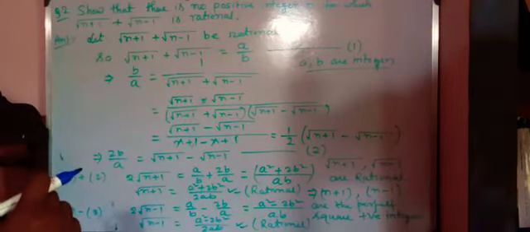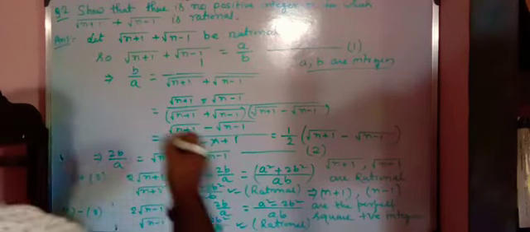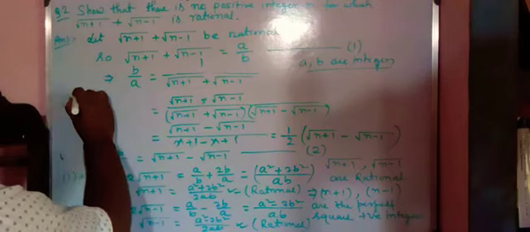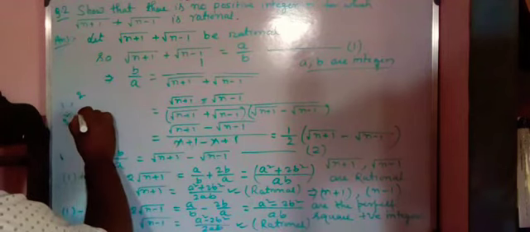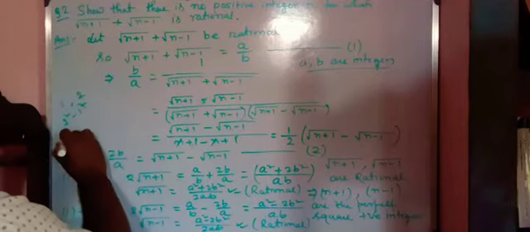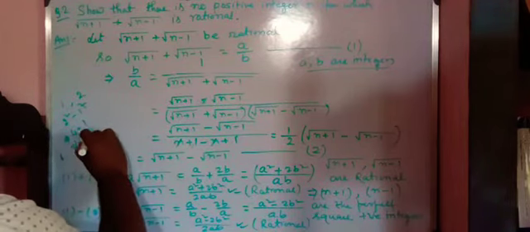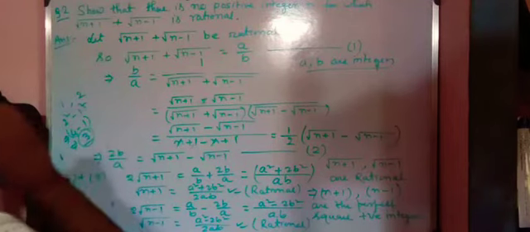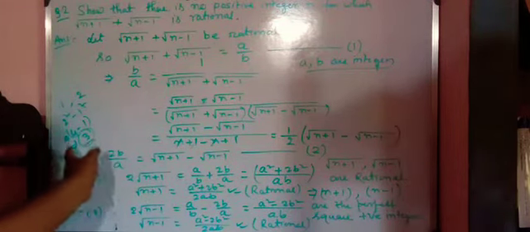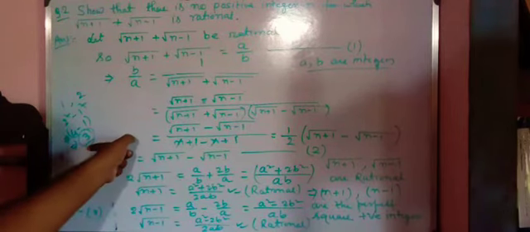That is, if we consider 1 and 2, their perfect squares: 2 square minus 1 square, understood? So that means 4 minus 1, that is 3. So the difference between two perfect square numbers is at least 3.